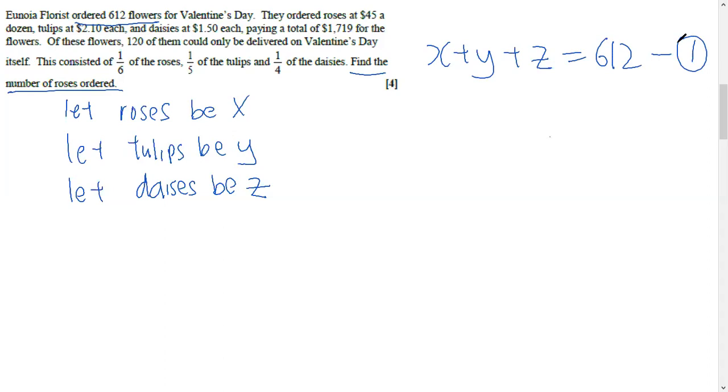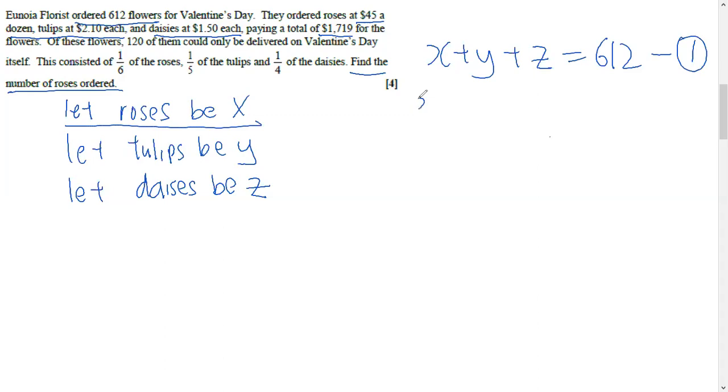So next, they ordered roses at $45 a dozen, tulips at $210 each, and daisies at $150 each. And the total cost is 1719. So we can form the other equation using the cost. $45 a dozen for the rose. So be careful, because it's in terms of sets of a dozen. So X is the number of roses.